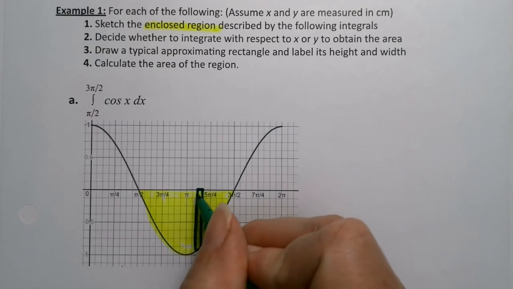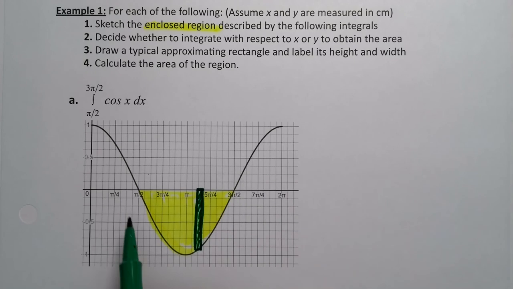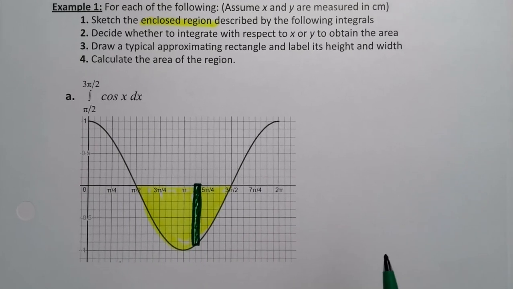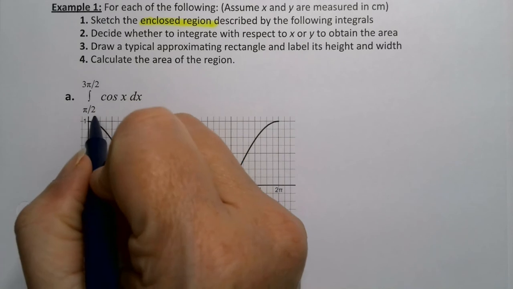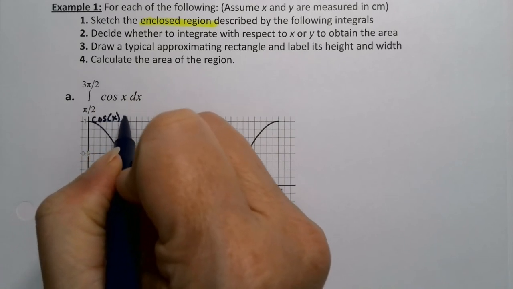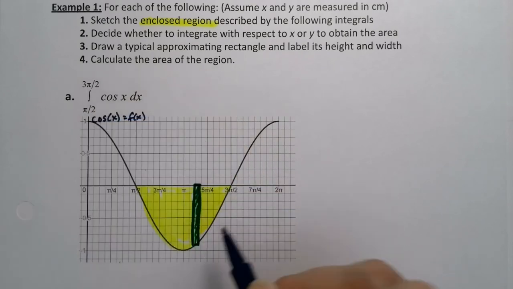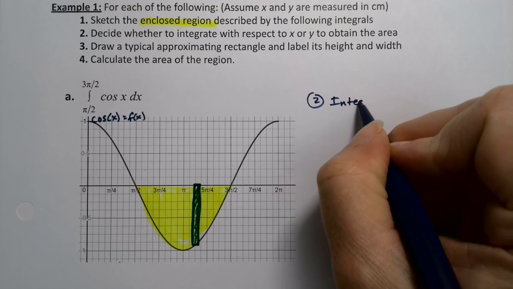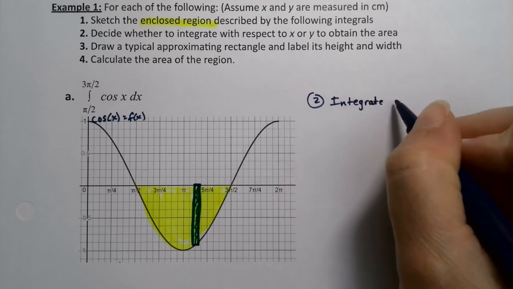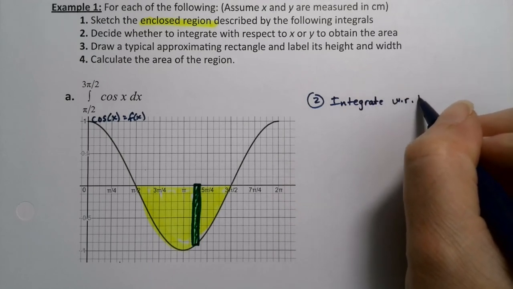We're going to take one of those rectangles, and you can imagine there's a whole bunch of them in here just kind of stacked up. So we are integrating with respect to x, just like we are used to. This is our graph of cosine of x. This is f of x, our function. And then step 2, we are integrating with respect to x.